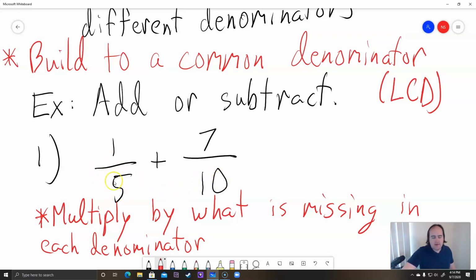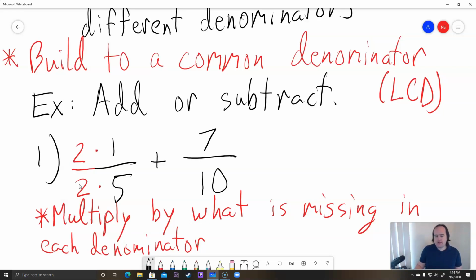Here we have a 10, here we have a 5. Well, what are we missing here? We're missing a 2, because 2 times 5 is 10. So we're going to multiply this first fraction by 2 on the top and the bottom. And you actually have to multiply on both the top and the bottom. You can't just multiply on the bottom.